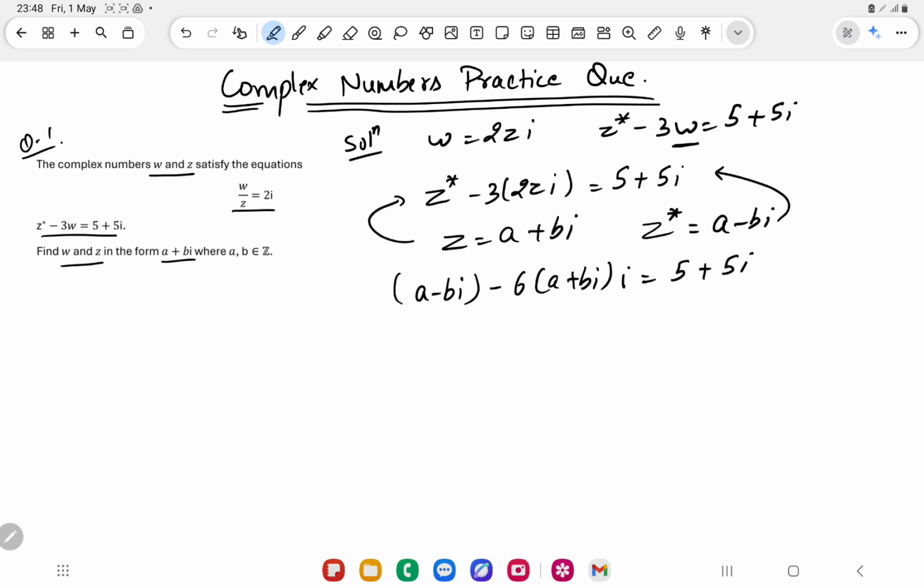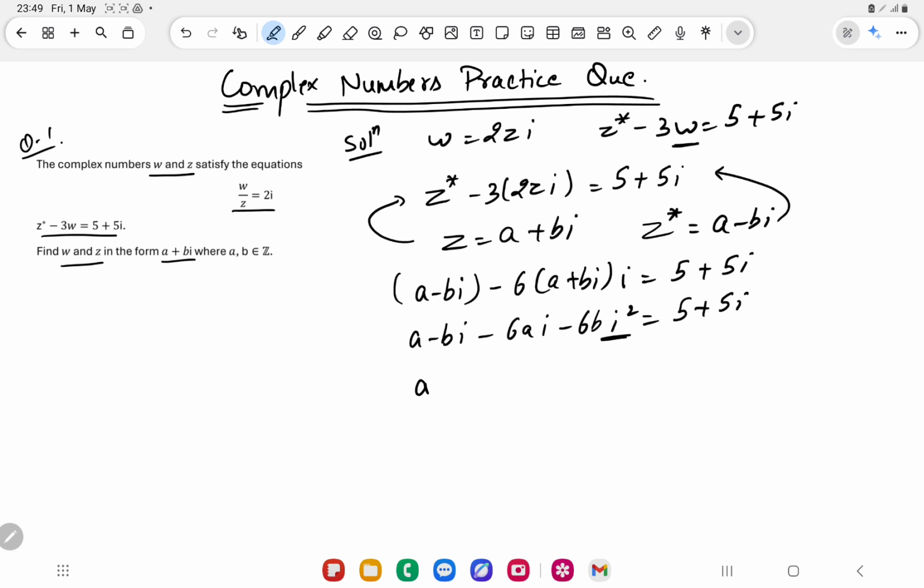Now on the left side I will simplify and separate real and imaginary parts. So I can write minus 6ai minus 6bi squared, equal to 5 plus 5i. And you all know that i squared is minus 1.